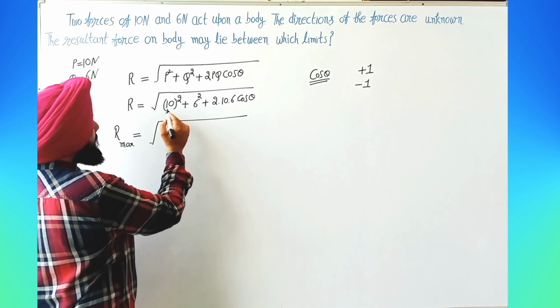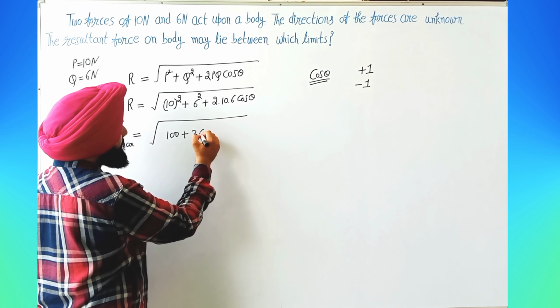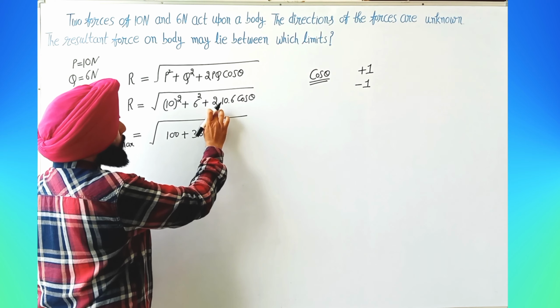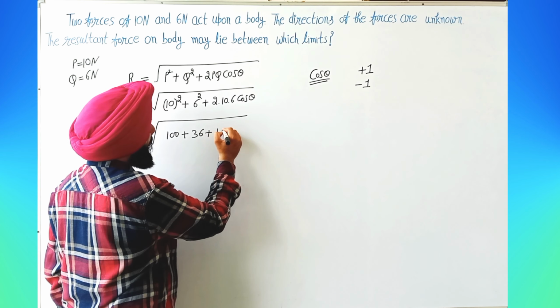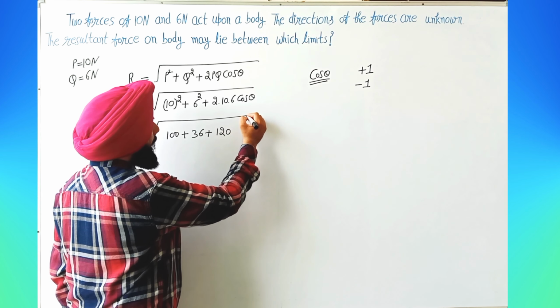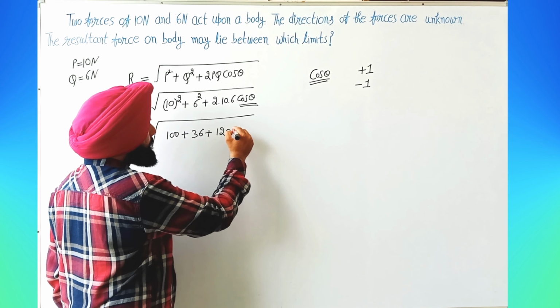So R maximum equals square root of 10 square 100 plus 6 square 36 plus 2 multiplied by 10 multiplied by 6, 120, and cos theta plus 1.